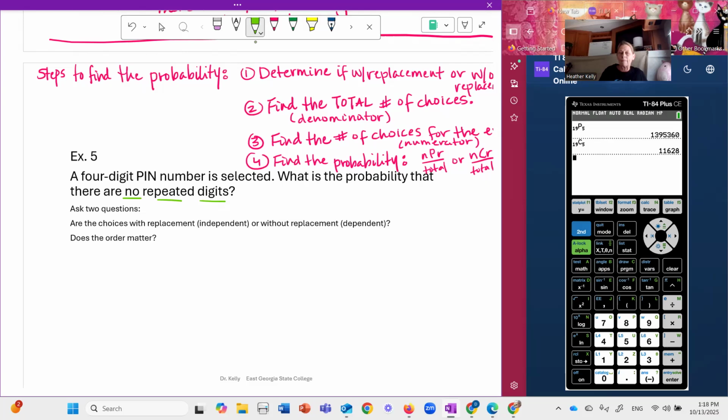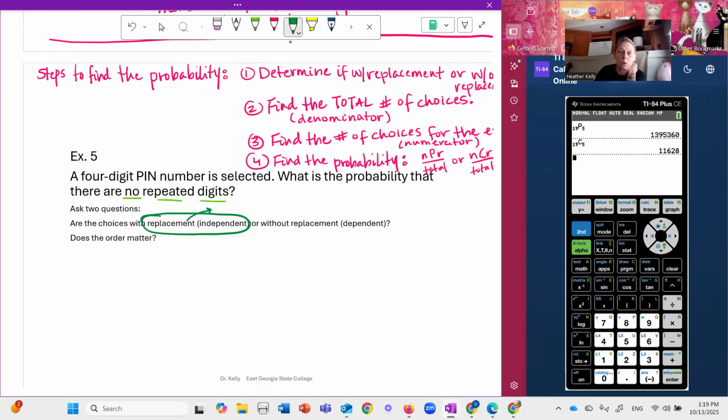Okay. Now, first off, it says that it's a 4-digit PIN. And I don't know about you, but I know that PIN numbers can have repeated digits in them. Okay. And then it asks the question, the event is, what's the probability that there are no repeated digits? So, in breaking this down here, we can see that there could be repeated digits.